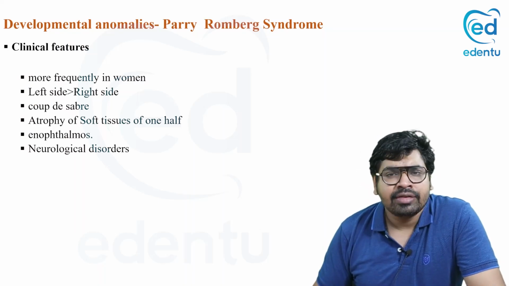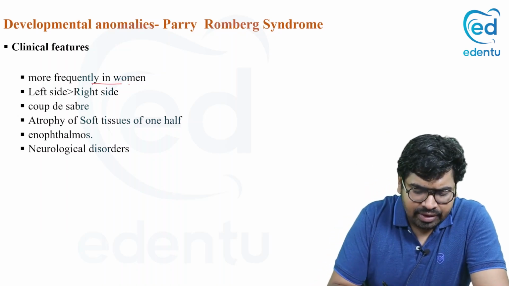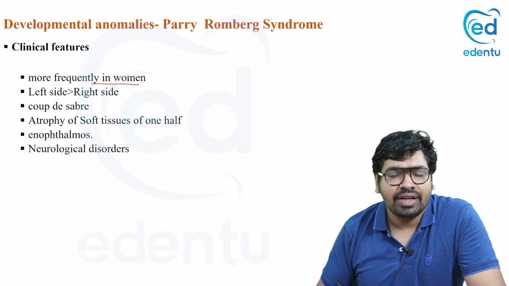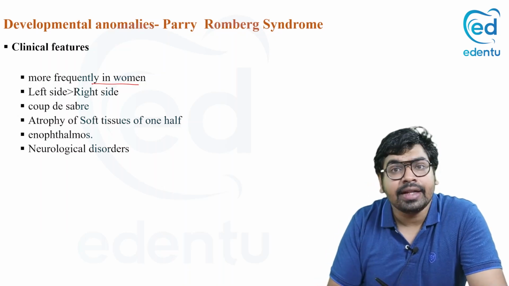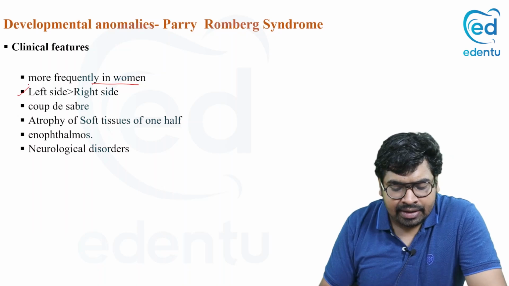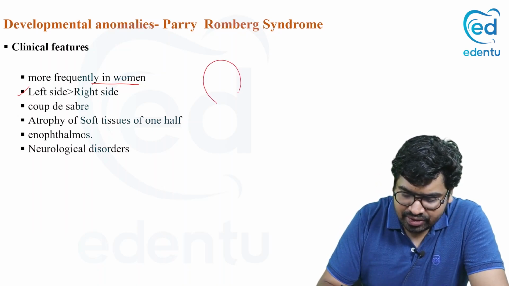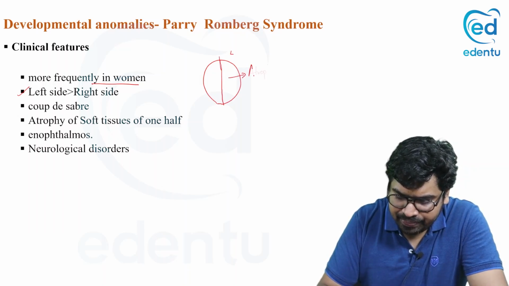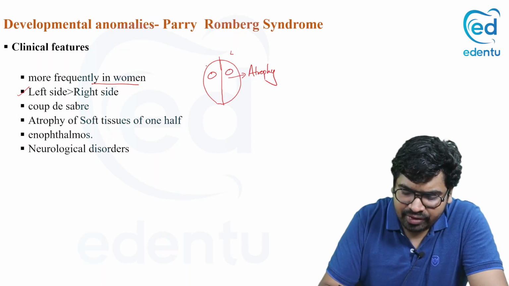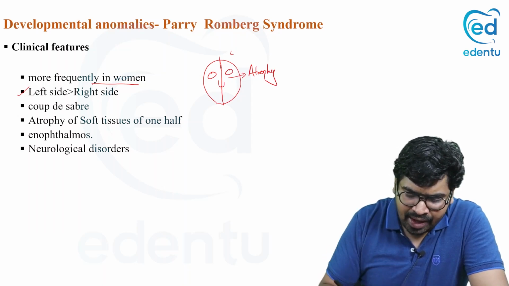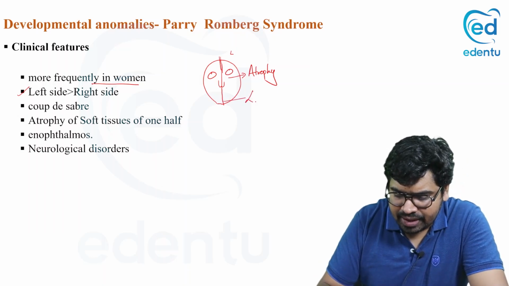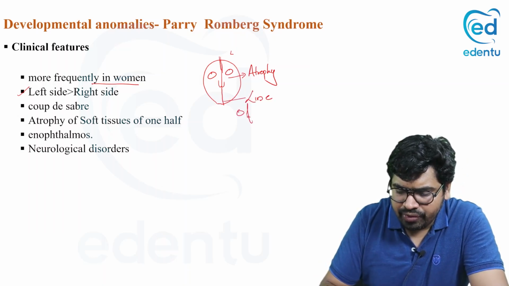It is mostly seen in women, and mostly the left side of the face is affected, more than the right side. Imagine a face here with this side of the face affected. Here there is atrophy on one side of the face, and you can see a line of demarcation.